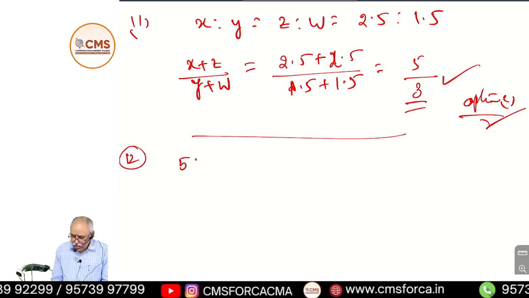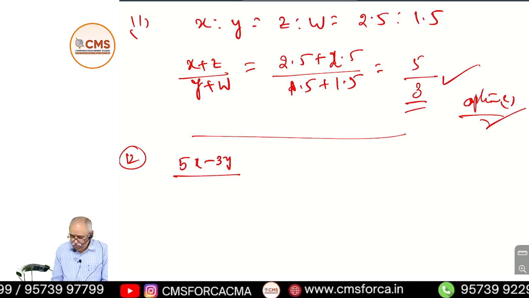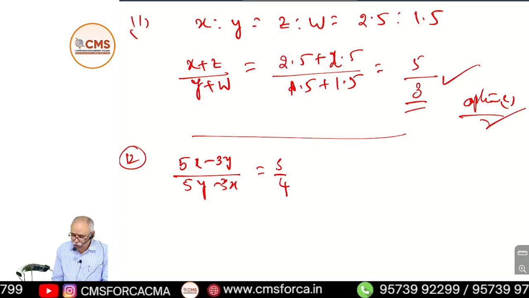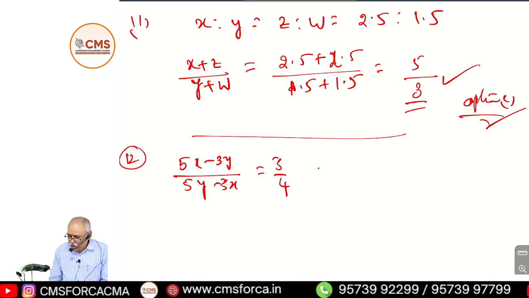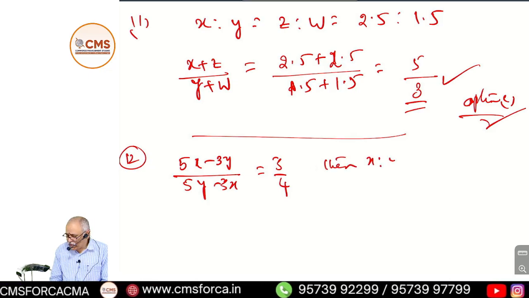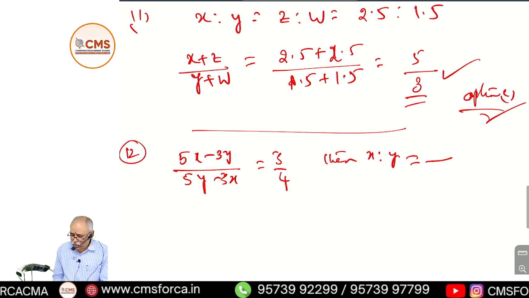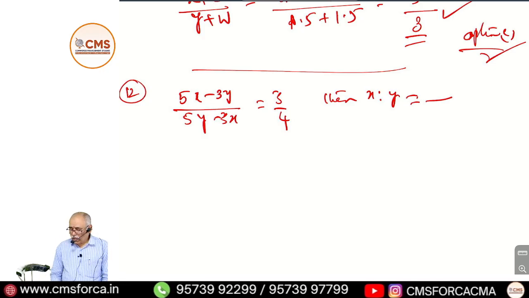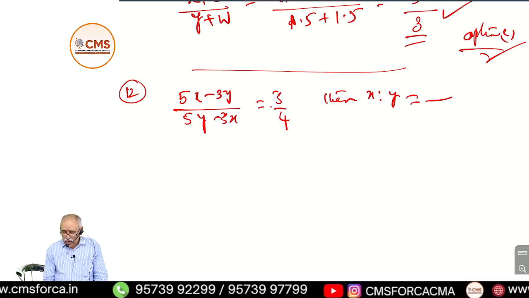5x minus 3y by 5y minus 3x is equal to 3 by 4. Then find the value of x is to y. How will you find x is to y?